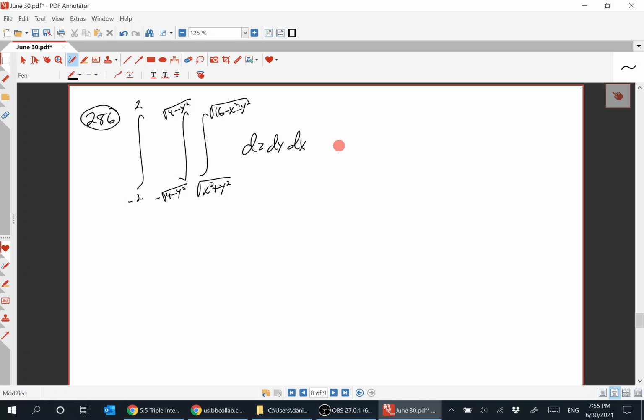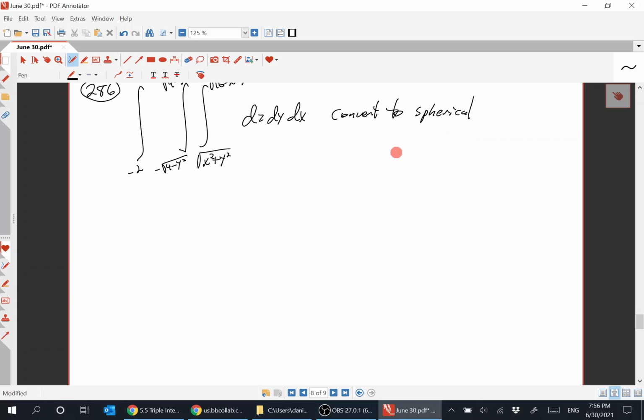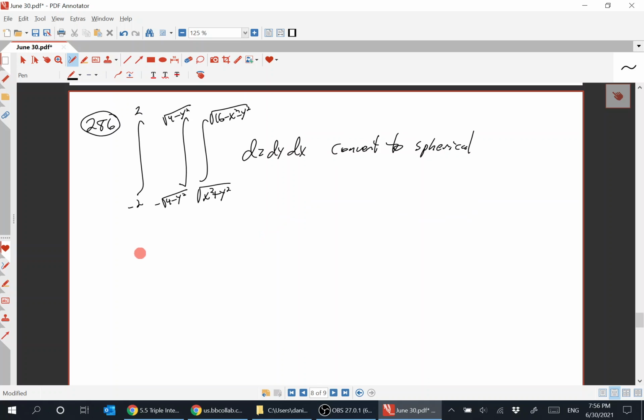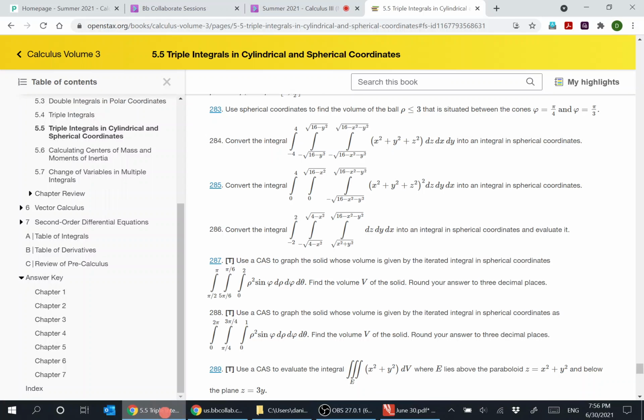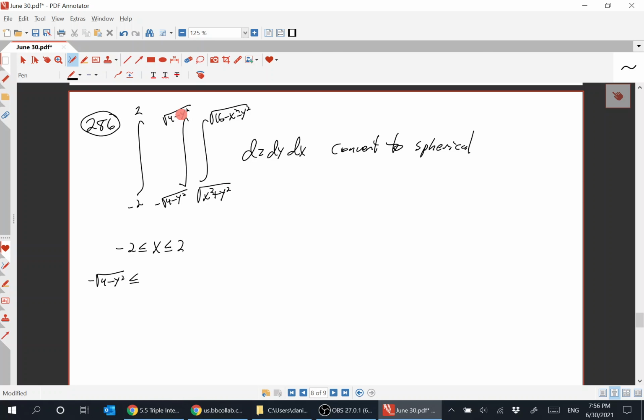All right, so convert to spherical. The region being described is minus 2 less than or equal to x less than or equal to 2, minus square root 4 minus x squared less than or equal to y less than or equal to square root 4 minus x squared.